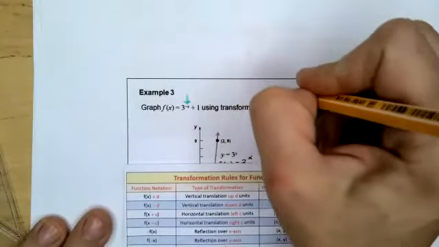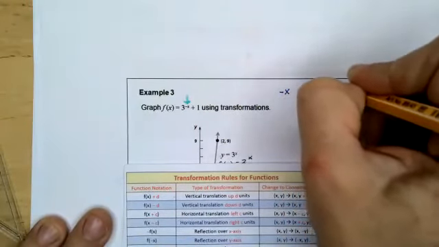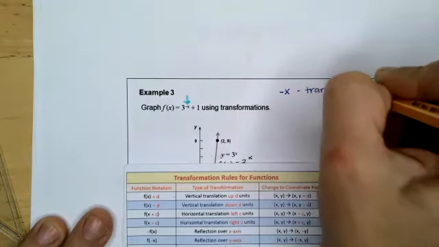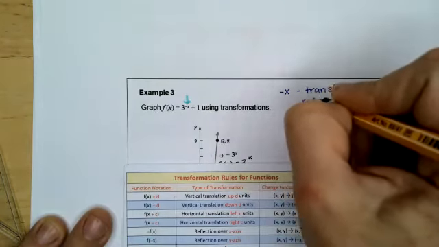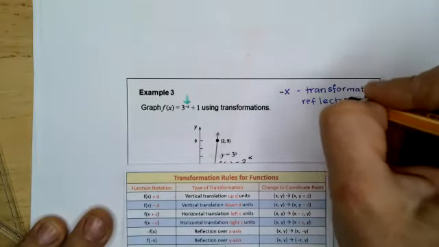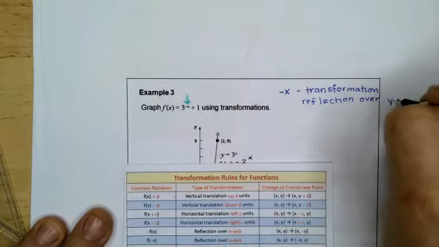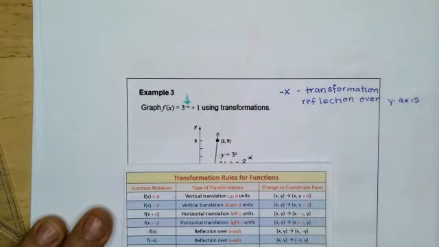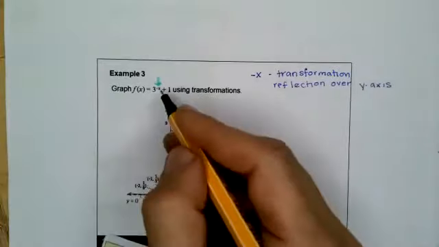So the negative x becomes a reflection over the y-axis. Good, and that's the y-axis. The negative x.